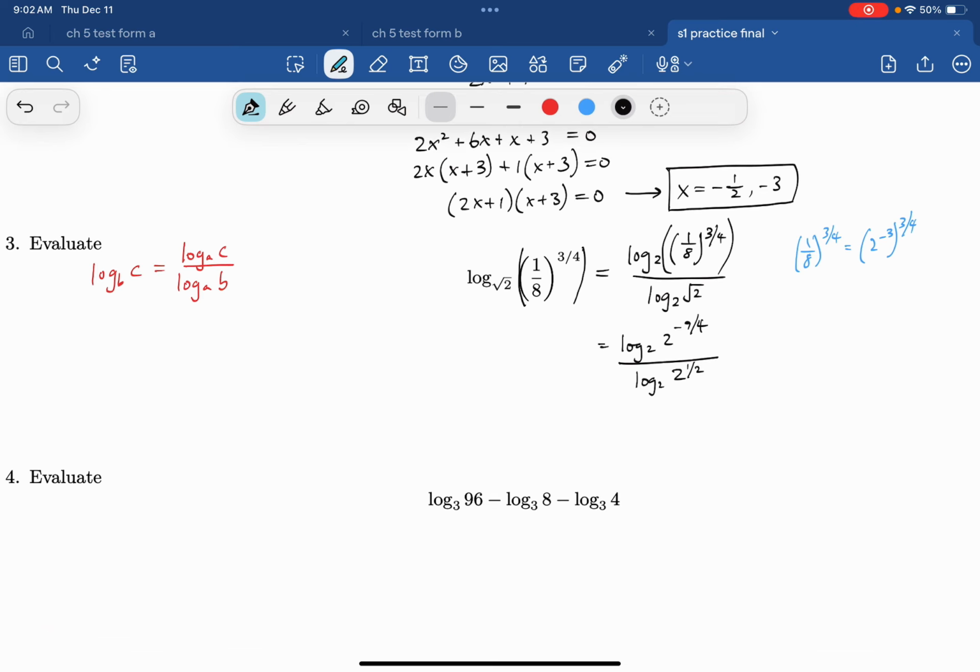Okay, so these simplify. The logarithms cancel with those exponent bases, and so we're left with -9/4 over 1/2. Okay, so that's just -9/4 times 2, which is equal to -9/2 as our answer.